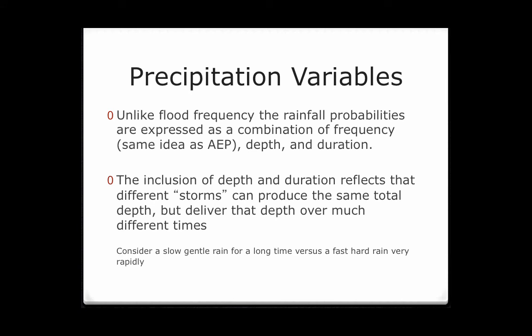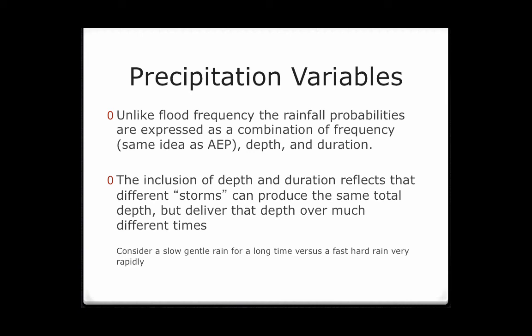Okay, unlike flood frequency, the rainfall probabilities are expressed in a combination of frequency, depth, and duration. Rainfall frequency is the same concept as annual exceedance probability.